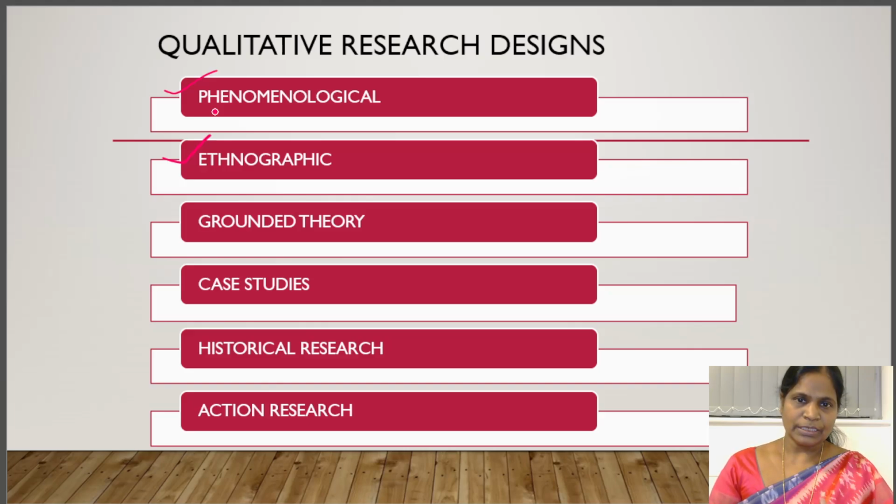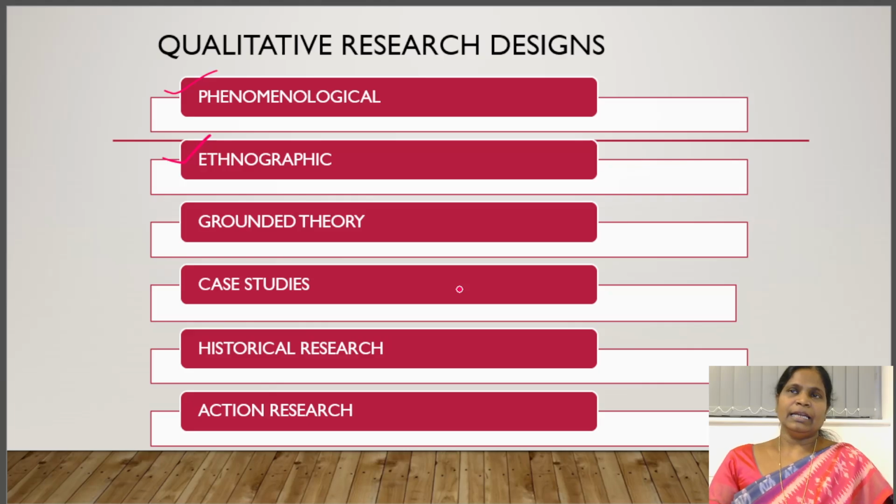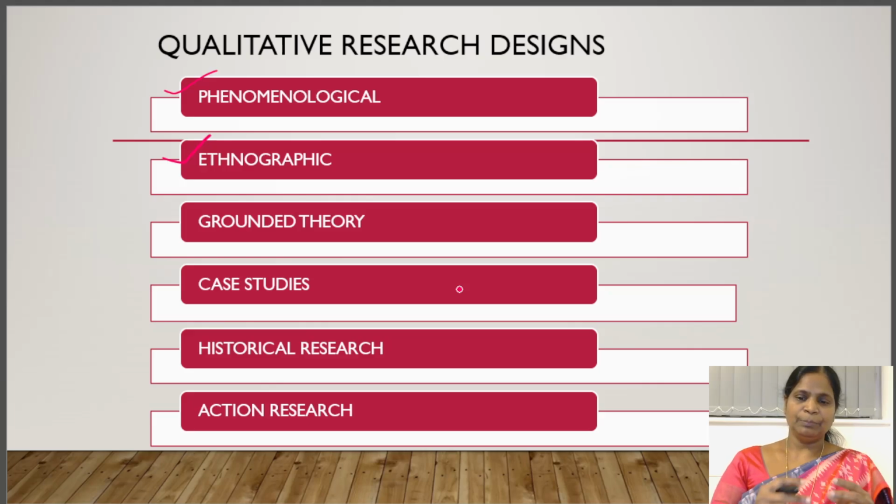In order to describe those attributes or behaviors of an individual, the researcher can select this ethnographic research design, the culture of people. This research design is mostly chosen by anthropologists who try to describe people and their socio-cultural beliefs.